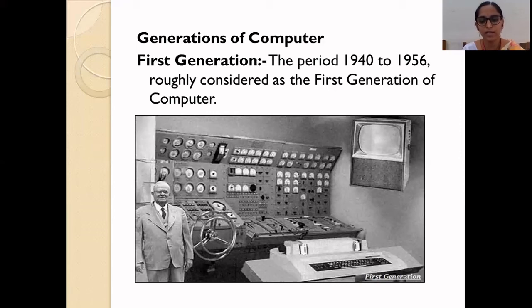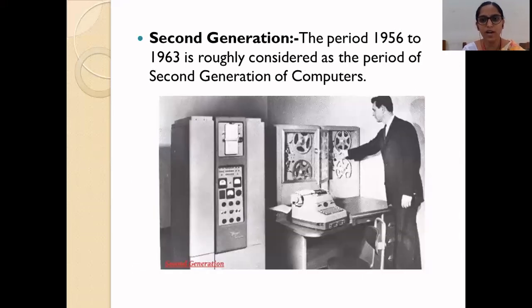Okay, in the second generation, it starts from 1956 to 1963. 1963 is roughly considered as the end of the second generation. The second generation computer was developed using transistors.